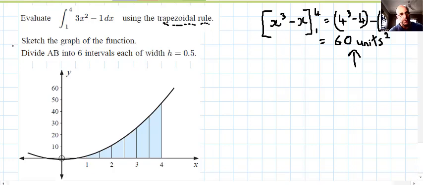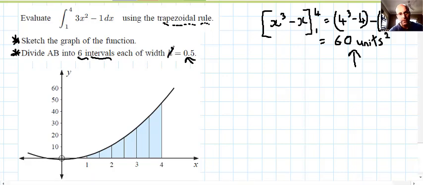So what you do first, even if the question doesn't tell you to, is sketch the graph. Do that first. Now, easy questions might tell you how many strips to divide something into, and they may even give you a width. But if you only know, let's say, the number of strips or intervals, how do you work out h, the strip width, or w?